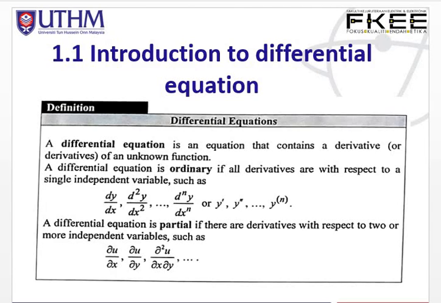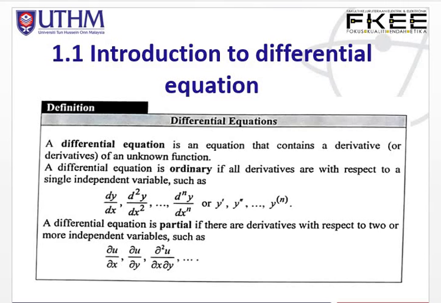What is a differential equation? A differential equation is an equation that contains a derivative of an unknown function. There are two types of differential equation: ordinary and partial. Ordinary is when all derivatives are with respect to a single independent variable.